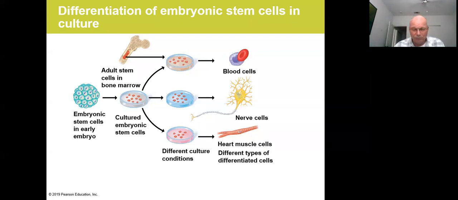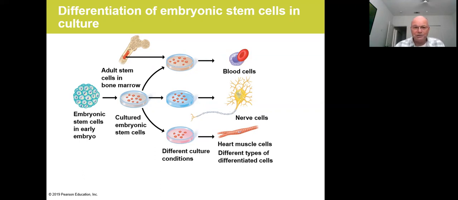So red blood cells and white blood cells that are components of the immune system. They also have the capacity to turn into nerve cells, and they also have the capacity to turn into heart muscle cells. In fact, if you can isolate some of these adult stem cells from the bone marrow and inject them into a damaged heart, they can repair the heart.